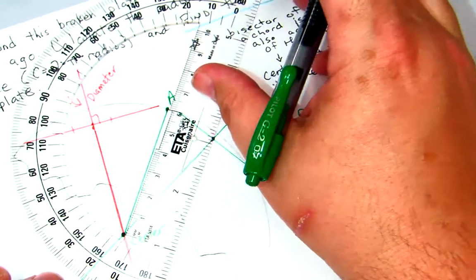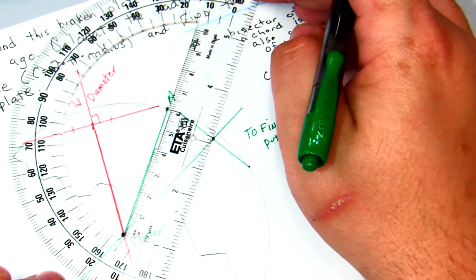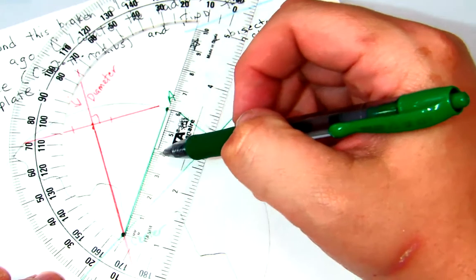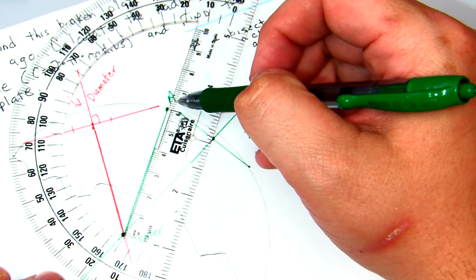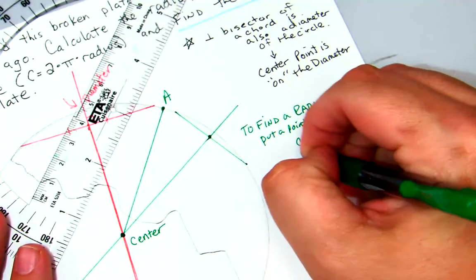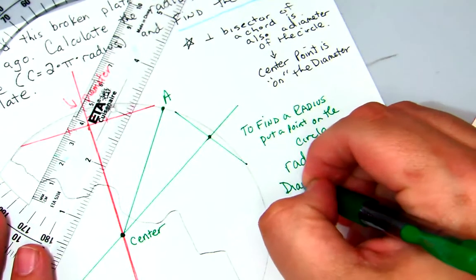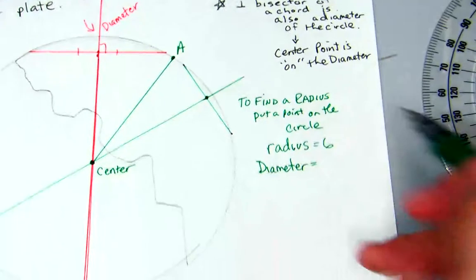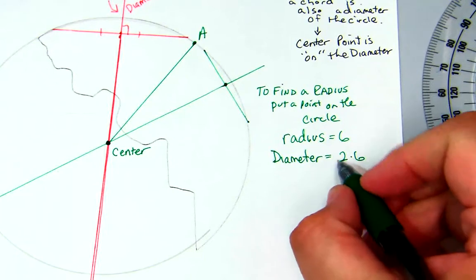And what does it look like the circle is? 1, 2, 3, 4, 5, 6. The radius is 6. The diameter is going to be 2 times 6 because it's 2 radii.